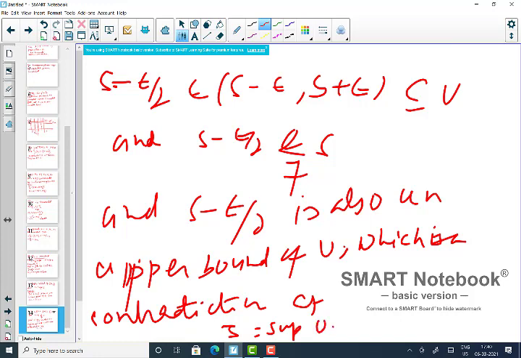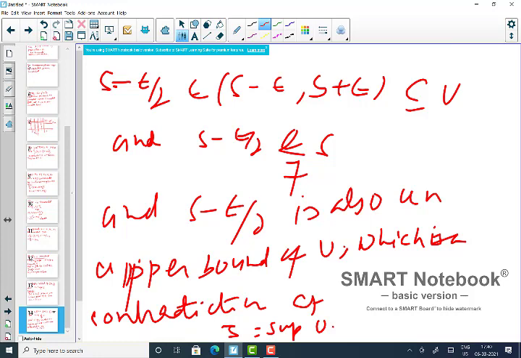That means S cannot be inside V. Okay, so then what is the option? So it has to be inside U. Now if S is inside U, then what happens? Then again there are two cases. Either it is equal to A, or it is something in between A and B.